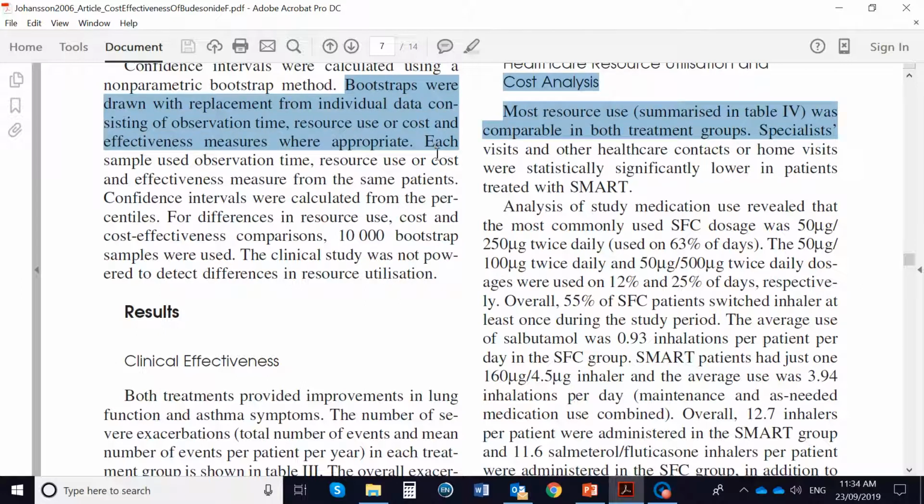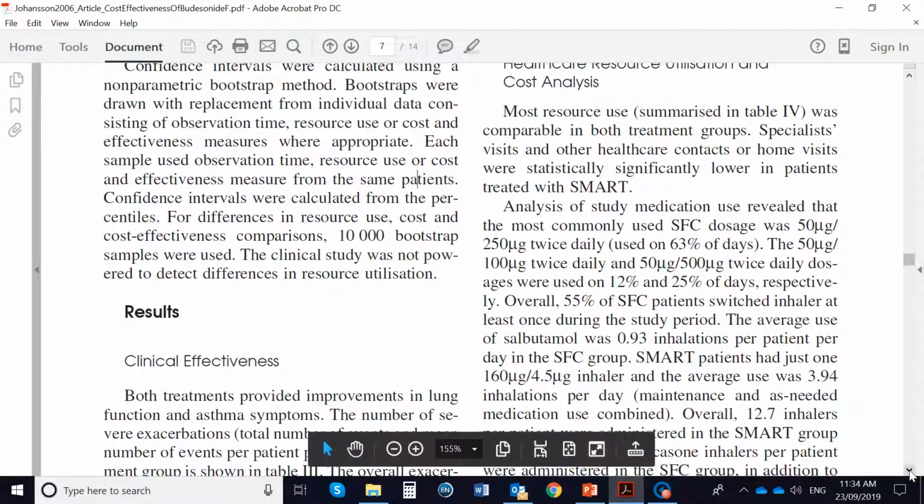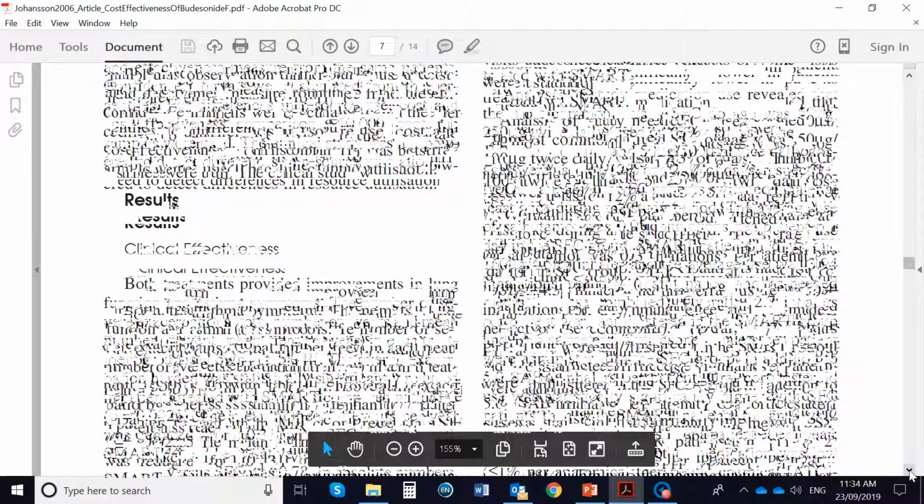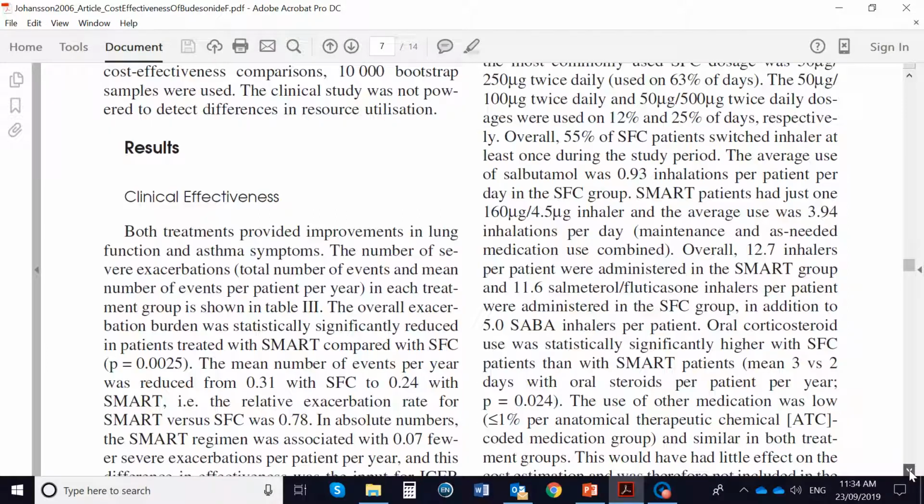It is a technique where they increase their sample size not to inflate the benefit at all, but rather to see if the assumptions or the data that they have is reliable enough, which is an acceptable technique in health economics.